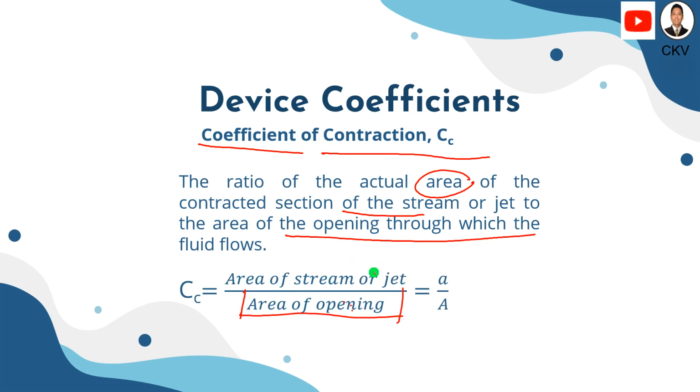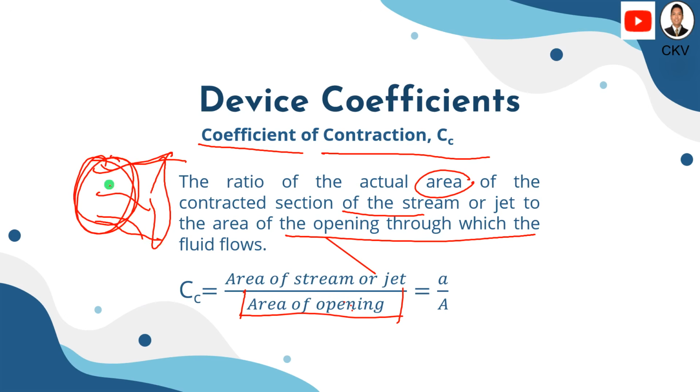It means that the real area of the water that is traveling on this conduit is not the same as the theoretical area or the actual opening of the pipe or conduit.